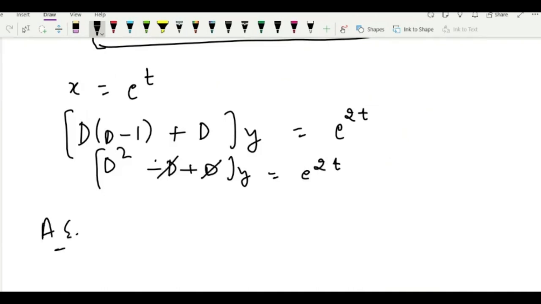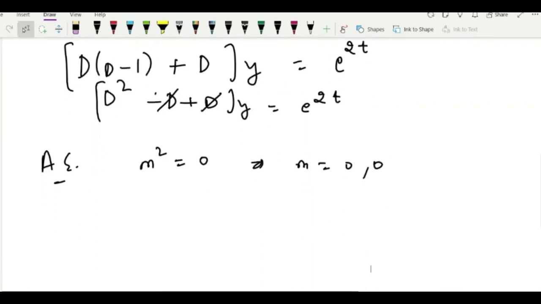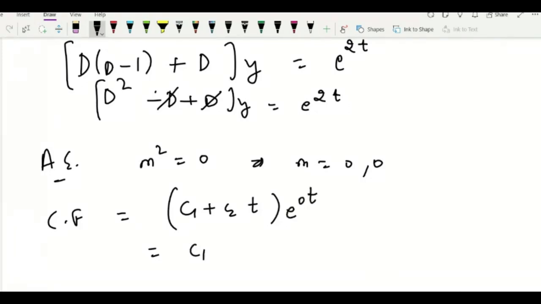So the auxiliary equation will be m square is equal to 0, which gives m is equal to 0 and 0. So in this case, we have real and equal roots, which is 0. So CF will be given by (C1 plus C2 t) into e raised to power 0t, and t will be equal to log of x. So it becomes C1 plus C2 log x.